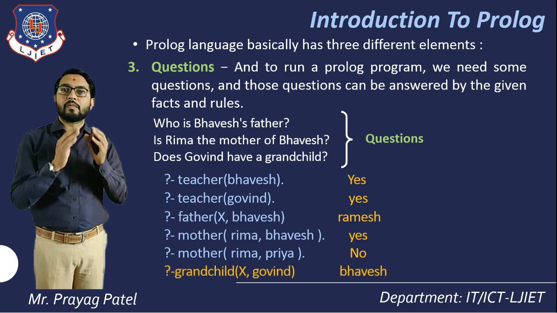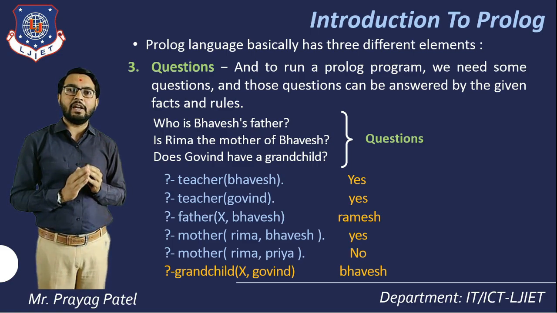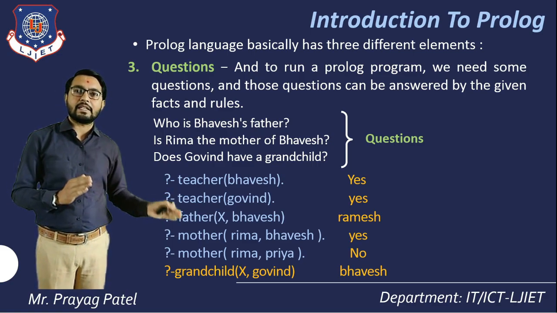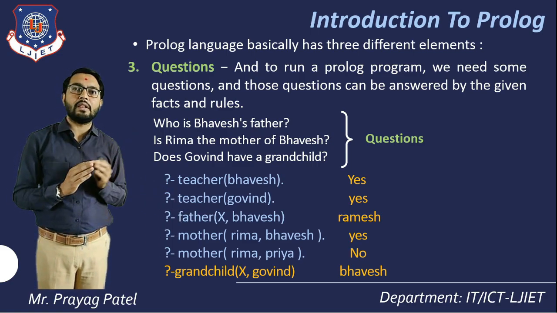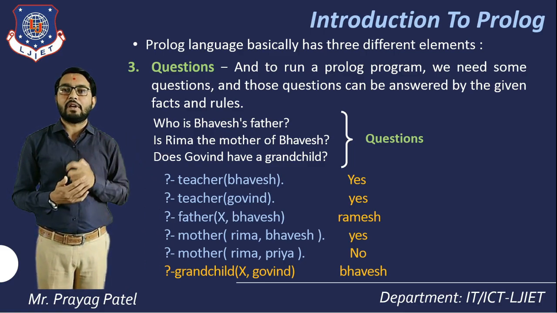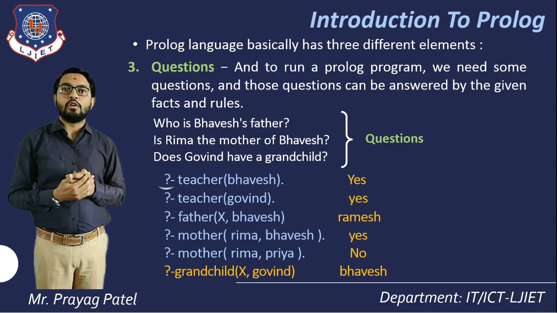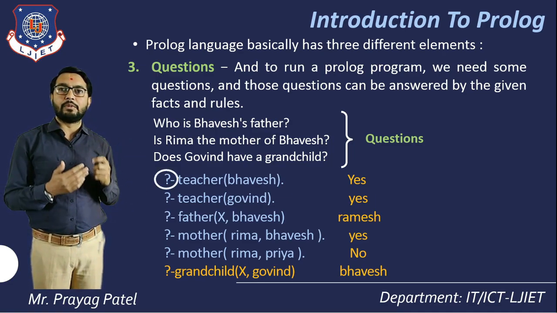Now next one is grandchild(X, Govind). So we read this statement like X is a grandchild of Govind. So what is the value of X? So X equal to Bhavesh, because Bhavesh is a grandchild of Govind. So this is a simple example of the questions.